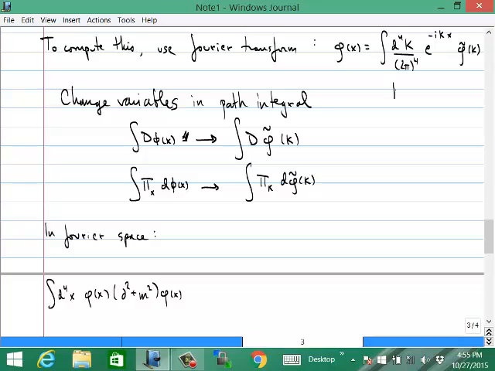So we just need to go ahead and think about our field in Fourier space.